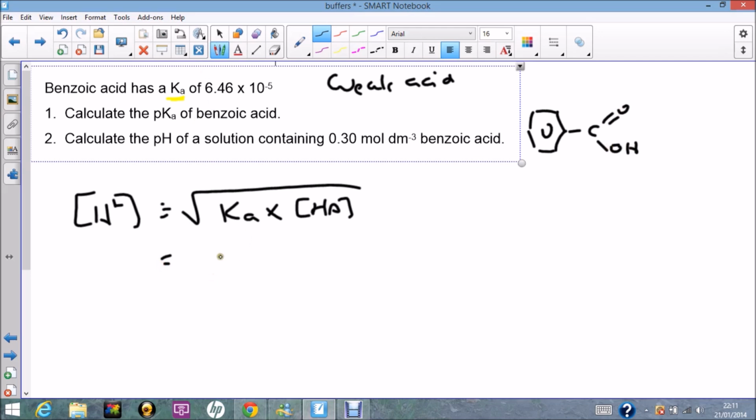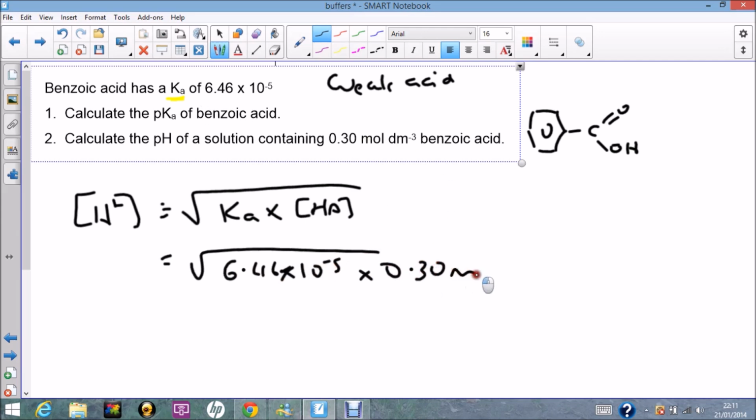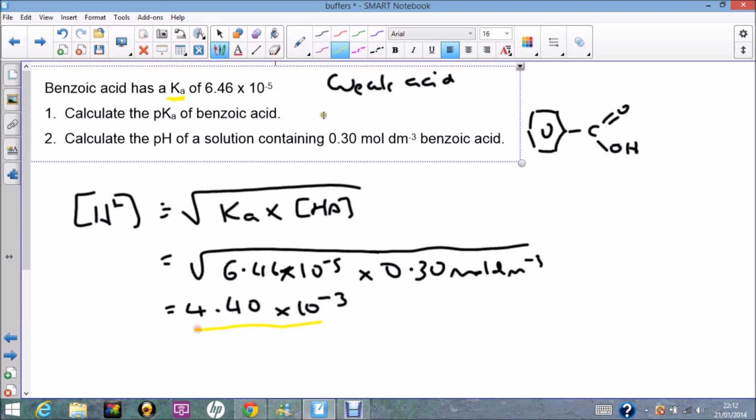And all we need to do is put our numbers in. So square root of 6.46 times 10 to the minus 5, and the concentration of the benzoic acid is 0.3 moles per decimetre. And the answer to that should be, so that is the concentration of the H plus ions, so that will be in moles per decimetre.